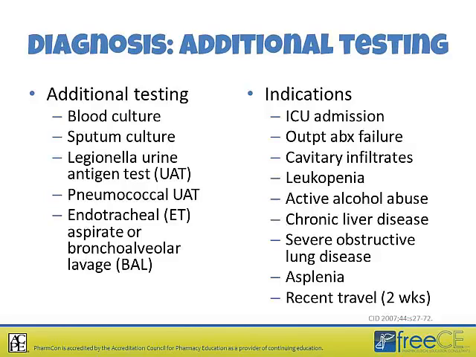If they've had outpatient antibiotic failure, if they have cavitary infiltrates or leukopenia, patients with active alcohol abuse who are at increased risk for multi-drug resistant bacteria, chronic liver disease, severe obstructive lung disease, as well as asplenia and recent travel. So things that predispose people for other pathogens, maybe that aren't on our etiology slides, and things that would predispose patients to more multi-drug resistant pathogens where we'd want to really broaden our coverage or know that the antibiotics we're using are really treating the infection adequately.